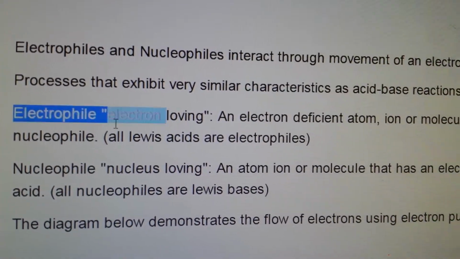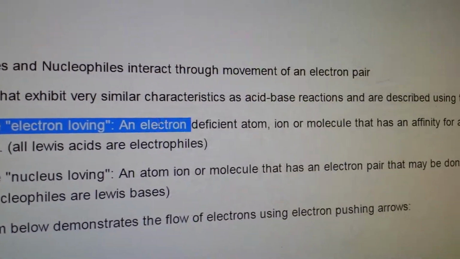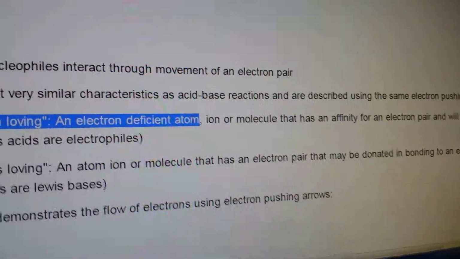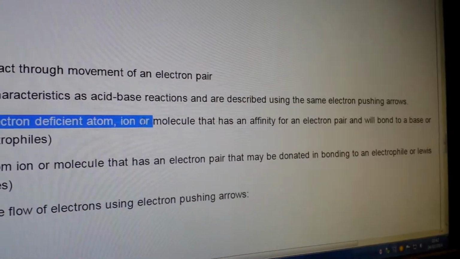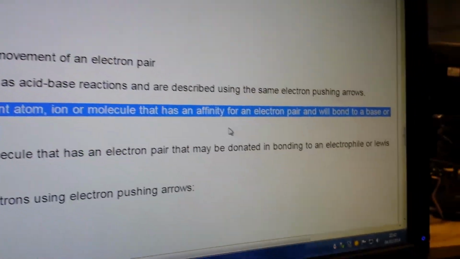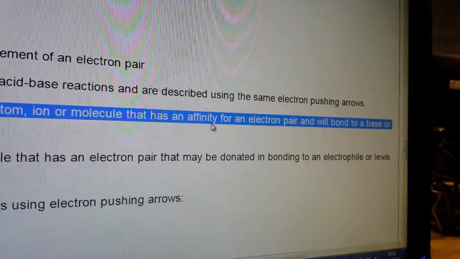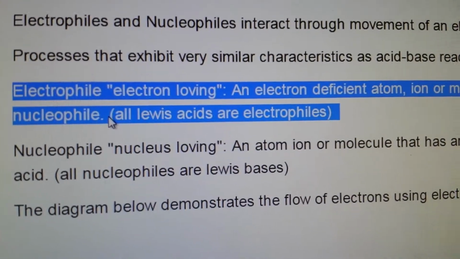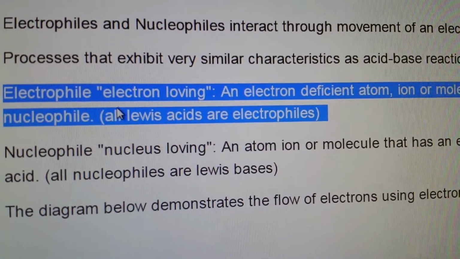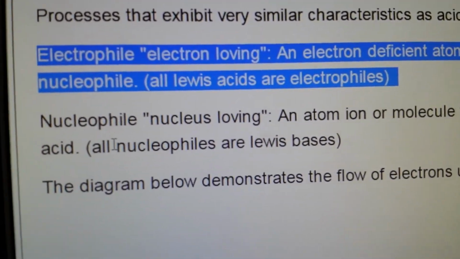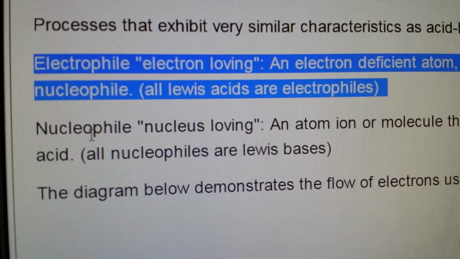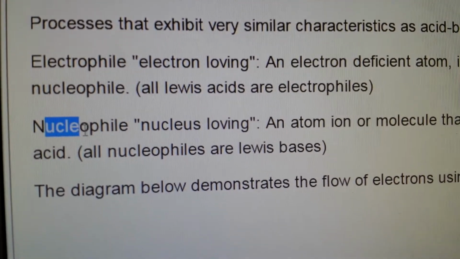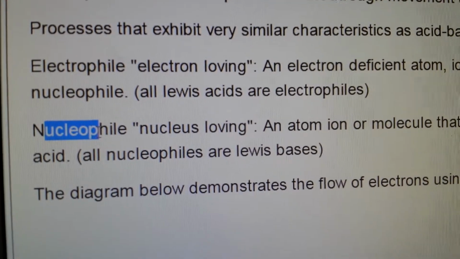An electrophile is electron-loving, an electron-deficient atom, ion, or molecule that has an affinity for an electron pair to accept, and will form a bond to a base or the nucleophile. All Lewis acids are electrophiles.